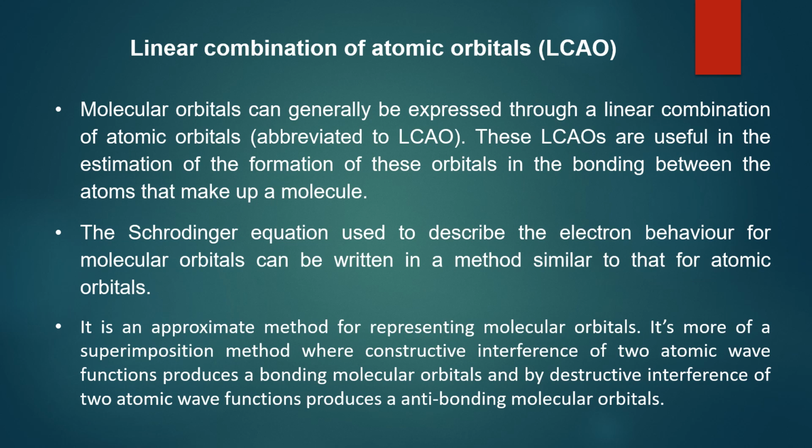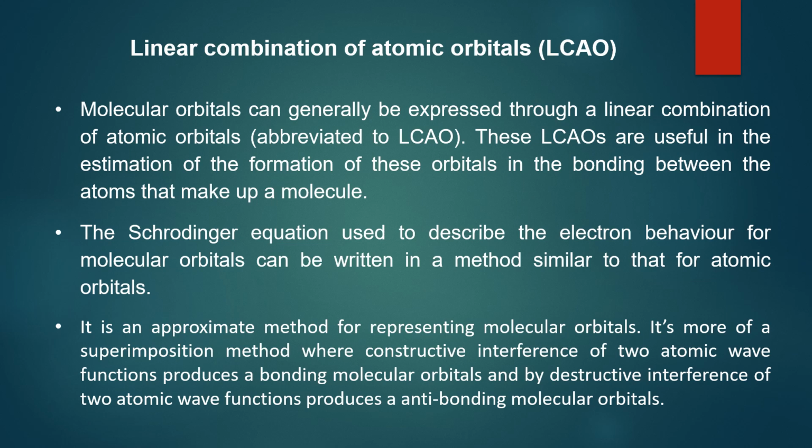Next, the LCAO method, linear combination of atomic orbitals. Molecular orbitals can generally be expressed through a linear combination of atomic orbitals. These LCAOs are useful in estimating the formation of these orbitals in the bonding between the atoms that make up a molecule.